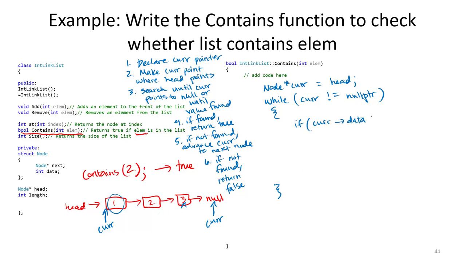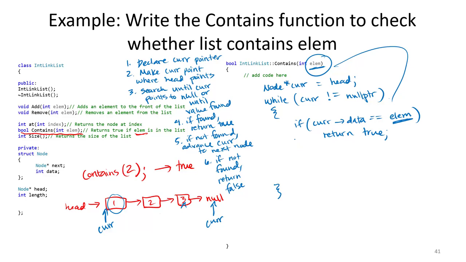So if current arrow data is equal to that desired value element. If current arrow data, if the value stored where cur points, is what we want, then we're done. We return true and we carry on.